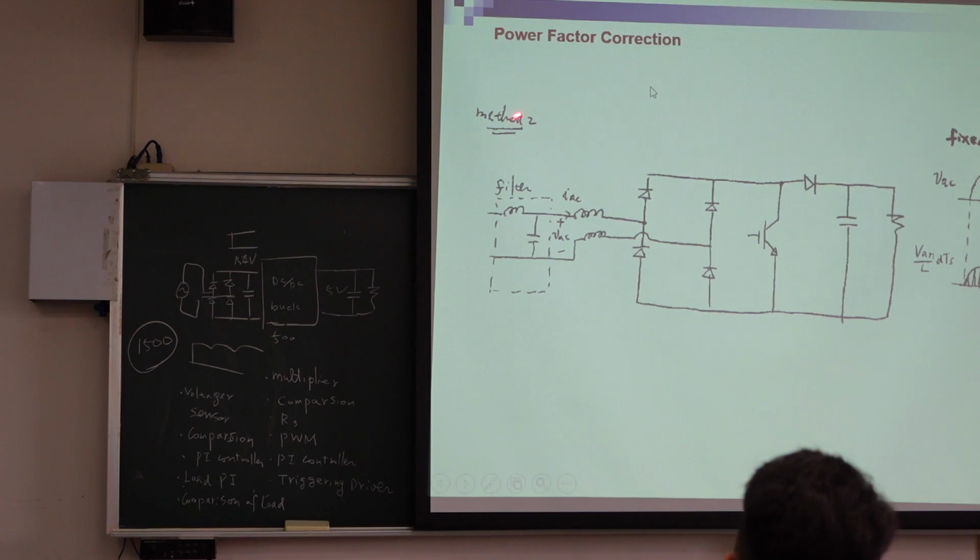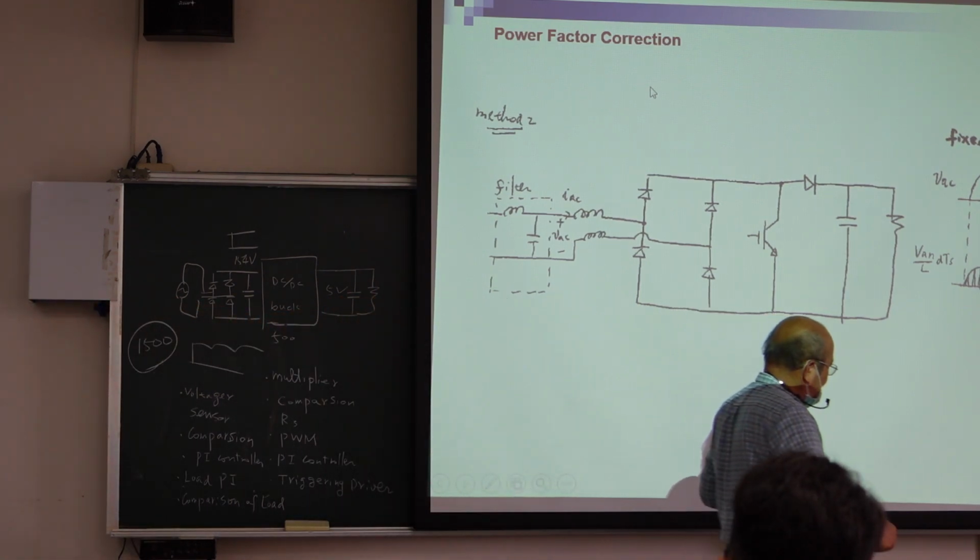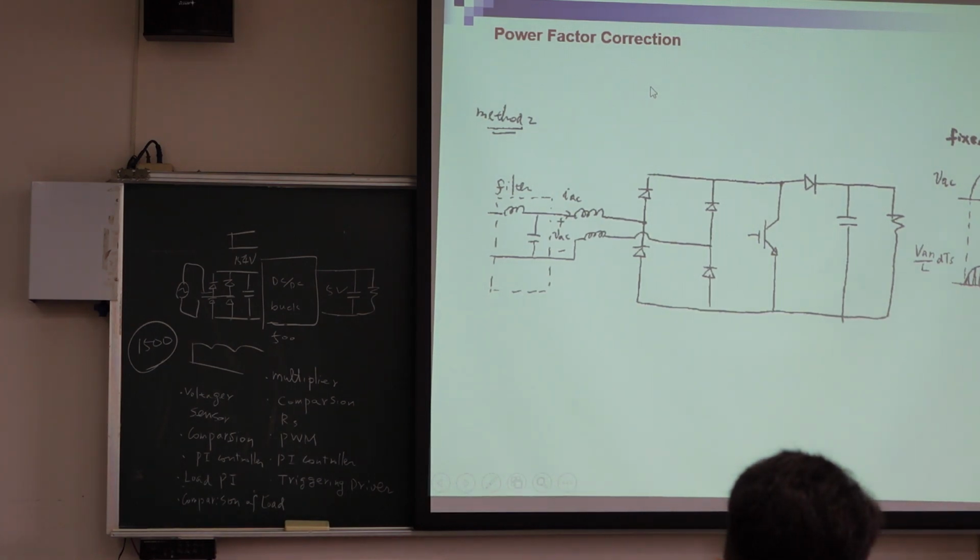So some people propose another idea. So what is the idea? Because we use too many devices, too much circuitry, I need to reduce the circuit to simplify it. So what can I do? I change my idea a little bit. So we still use a rectifier.